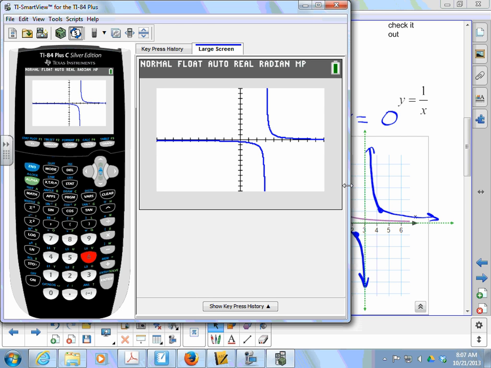Alpha y equals. Oh, you don't have it, okay, I have to update yours. Just go ahead and make sure you put your denominator in parentheses, but I'll update it for you today.